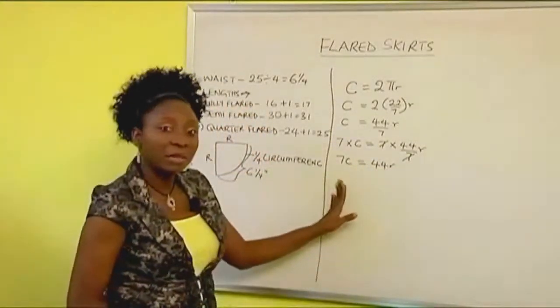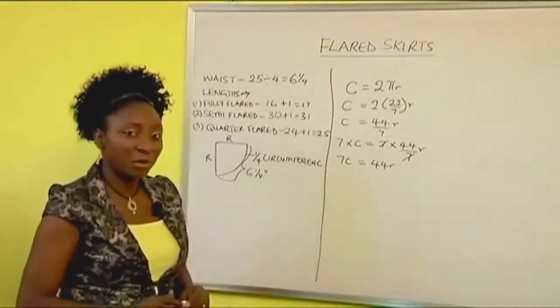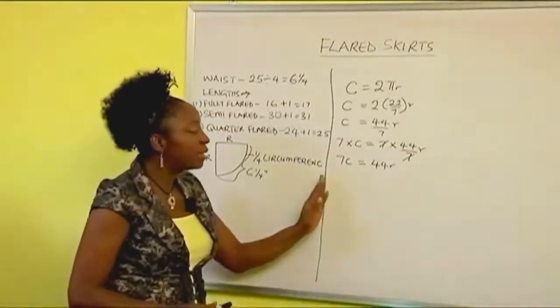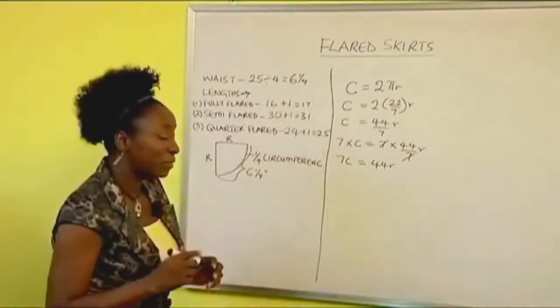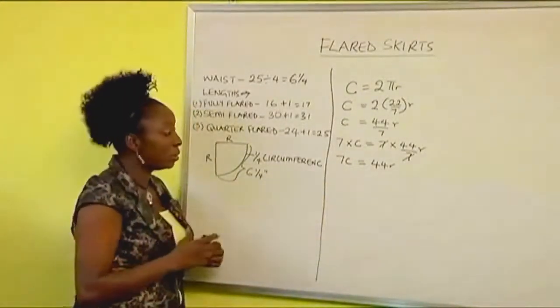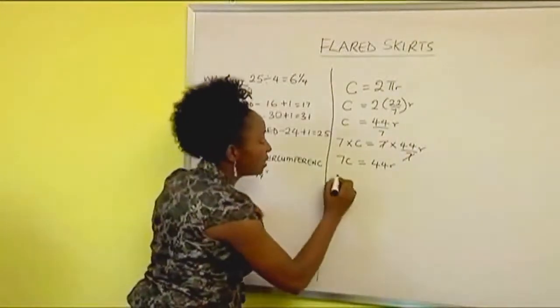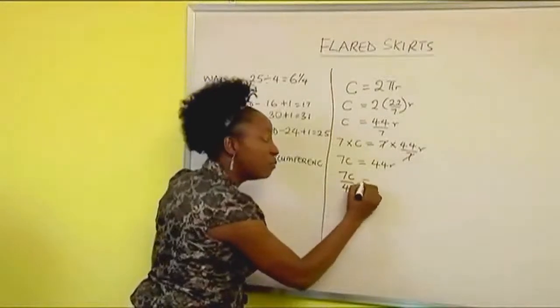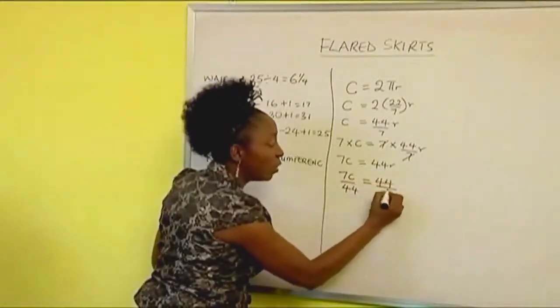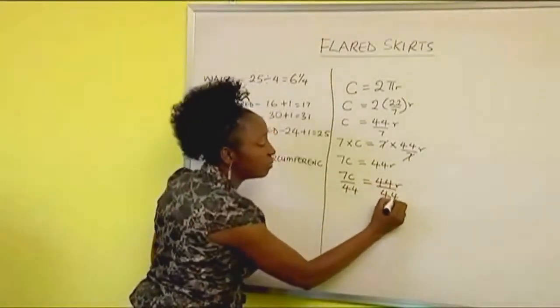So you can see that we're very close to making r the subject of the formula. So I'm going to take this and divide both sides by 44. Very clever. That's why mathematics is very good for life. So 7C divided by 44 gives me 44r/44.